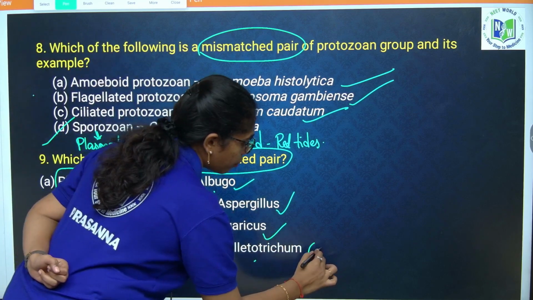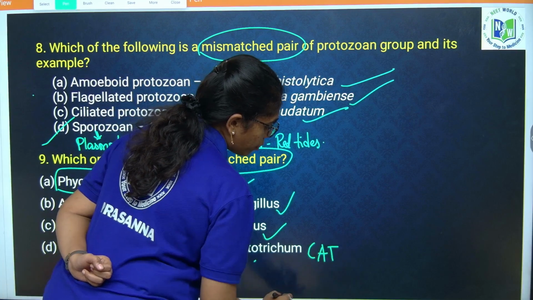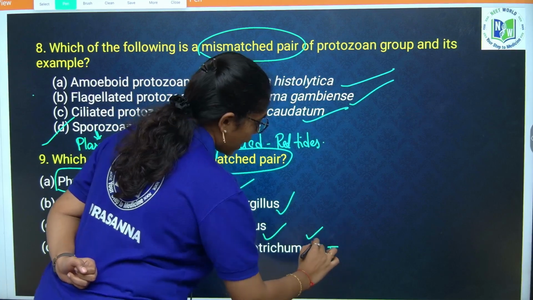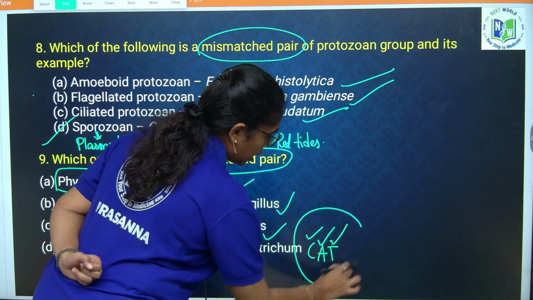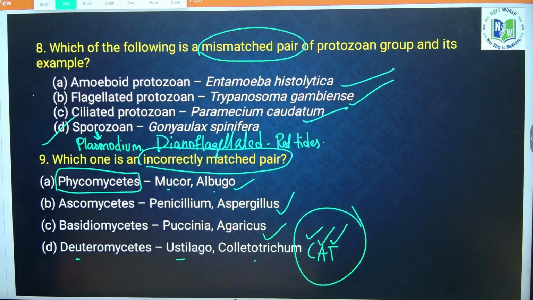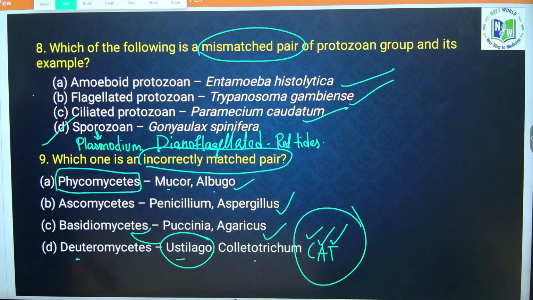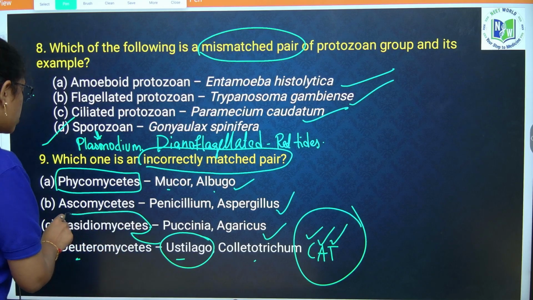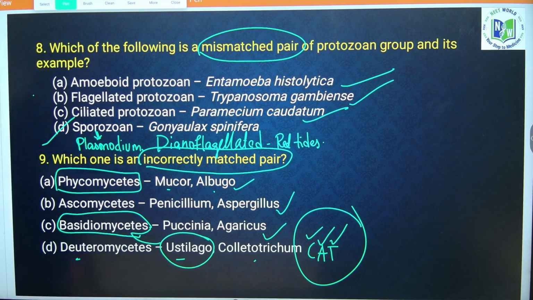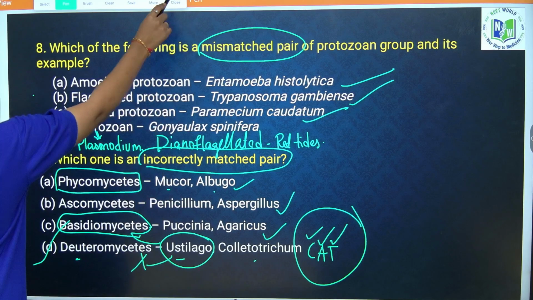Recall the mnemonic for the examples of Deuteromycetes: Colletotrichum, Alternaria, Trichoderma. These are examples of Deuteromycetes, which are imperfect fungi. Ustilago belongs to Basidiomycetes, not Deuteromycetes. So, the incorrectly matched pair is D. Next question.